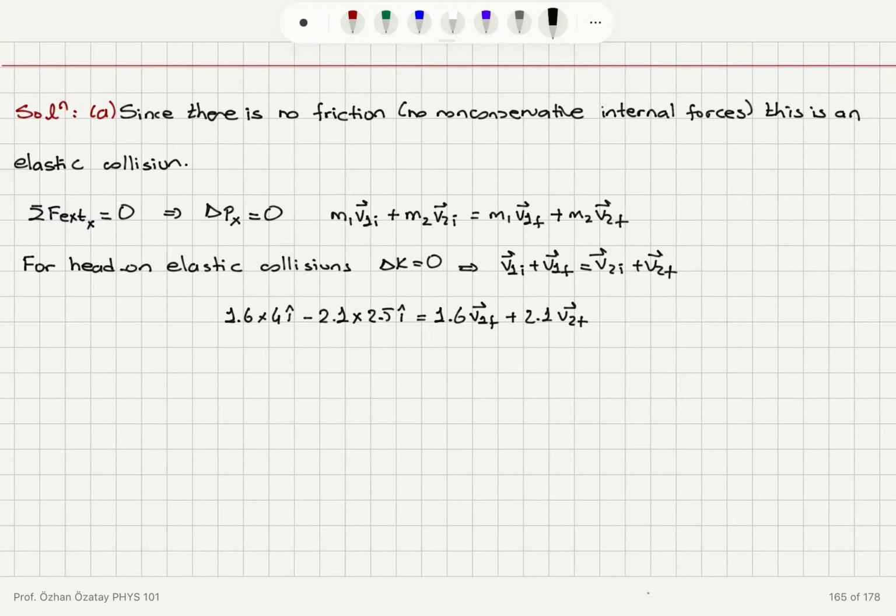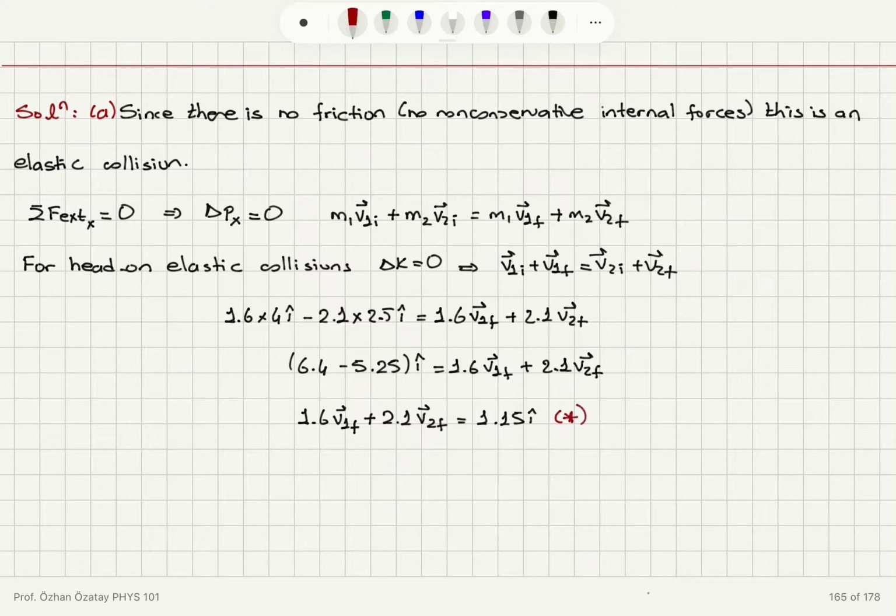So this gives us (6.4 minus 5.25) i hat equals 1.6 v1 final plus 2.1 v2 final, and finally we obtain 1.6 v1 final plus 2.1 v2 final equals 1.15 i hat. So let's call this result star. This is our first equation.